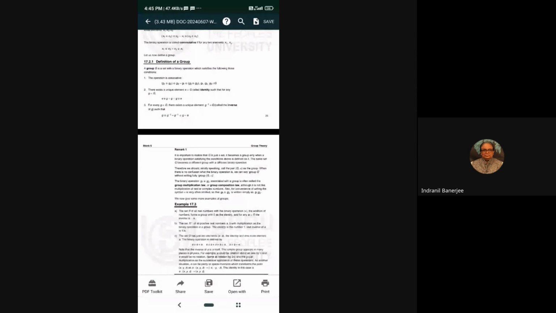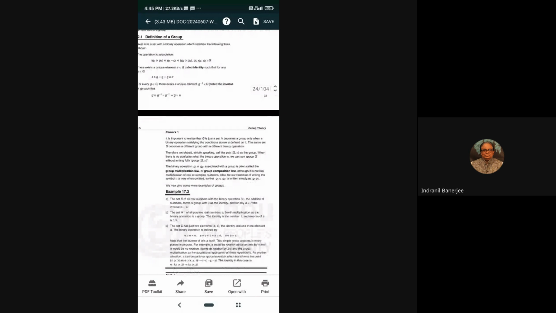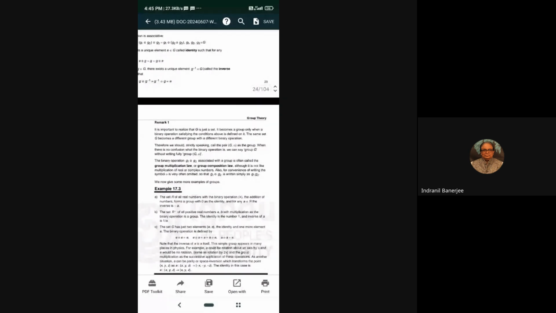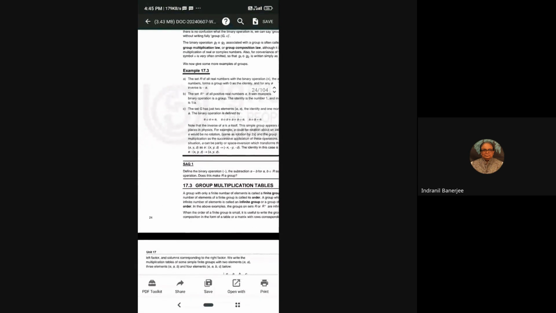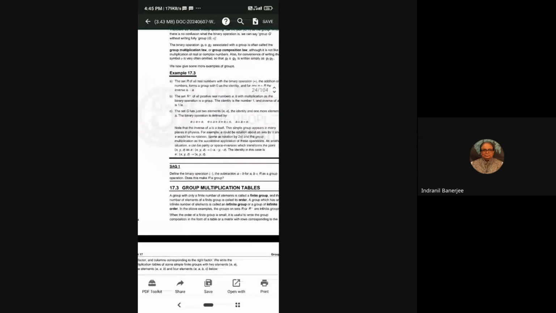The binary operation g1 g2 associated with a group is often called the group multiplication law or group composition law, although it is not like multiplication of real or complex numbers. Also, for convenience of writing, the symbol is omitted here. Okay, so there are some examples on your pages 24, 25.